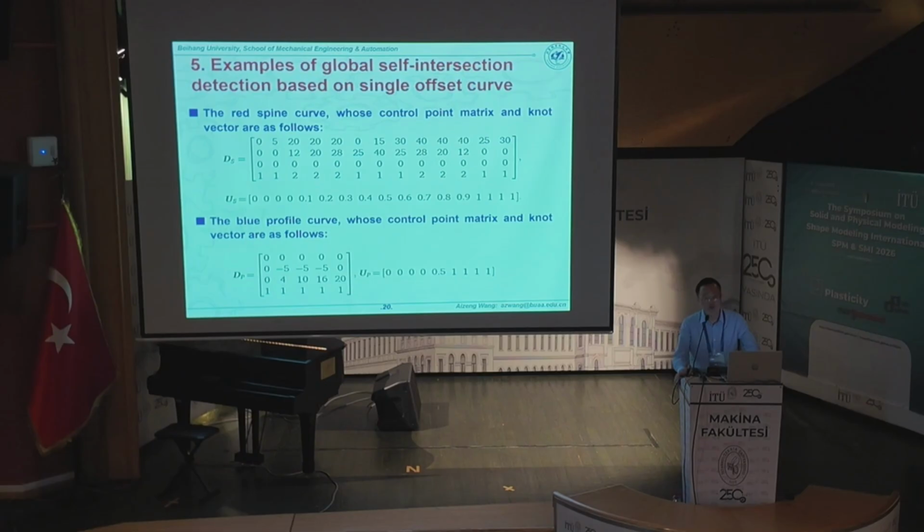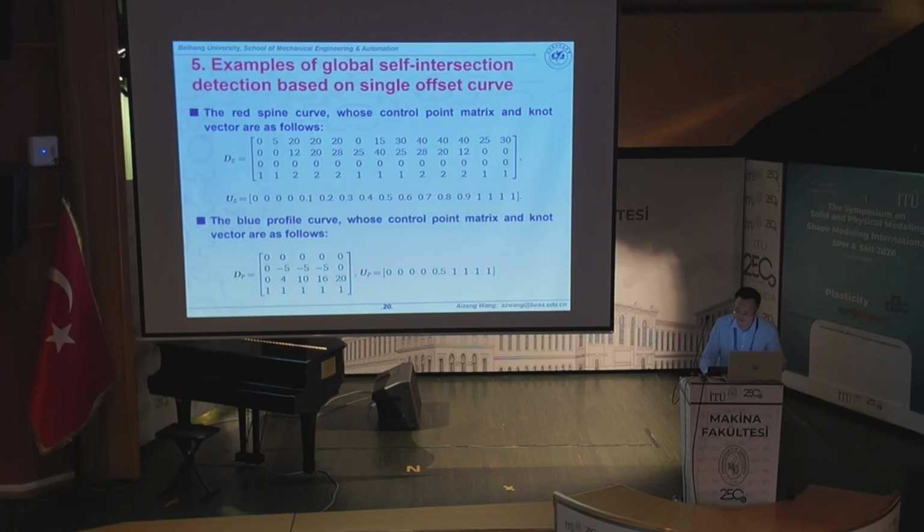As shown on the previous slide, the red span curve is a cubic NURBS curve with a symmetric shape, whose control point matrix and node vector are DS and US. The blue profile curve is a cubic B-spline curve whose control point matrix and node vector are DP and UP.